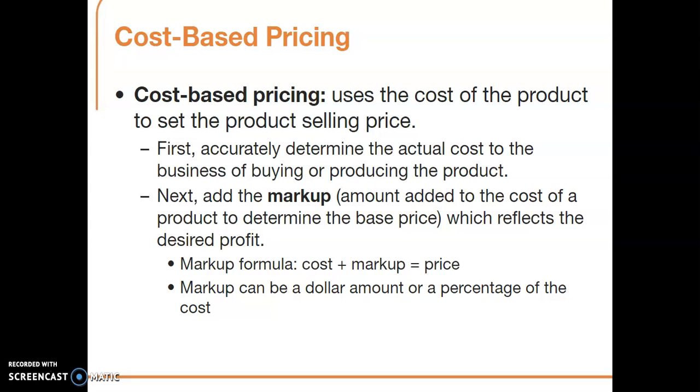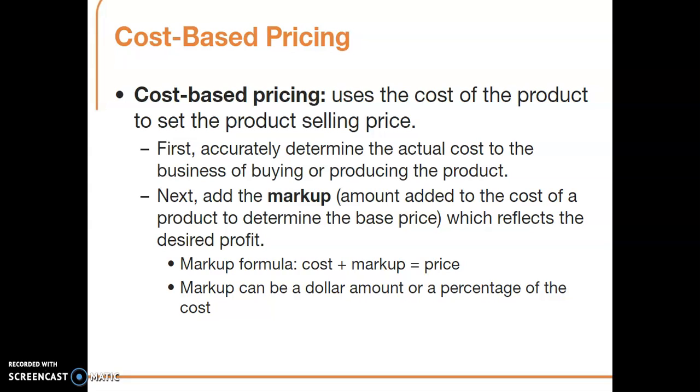So the first step in determining what the price would be is to determine the actual cost of the business buying or producing the product. So we need to know how much goes into actually acquiring that product or how much goes into manufacturing that product. Next, what you're going to do is add the markup.